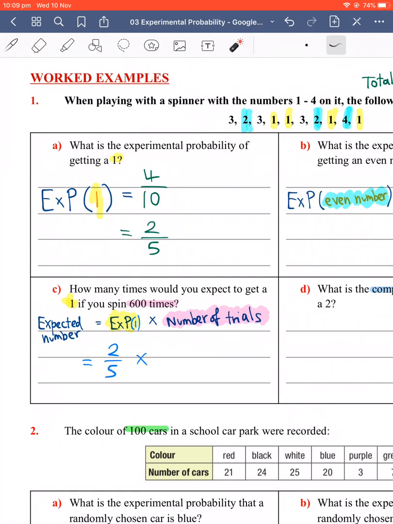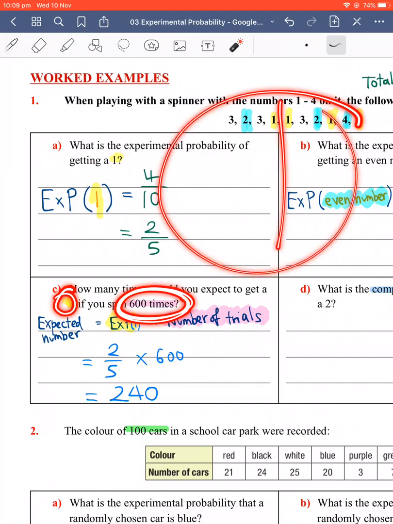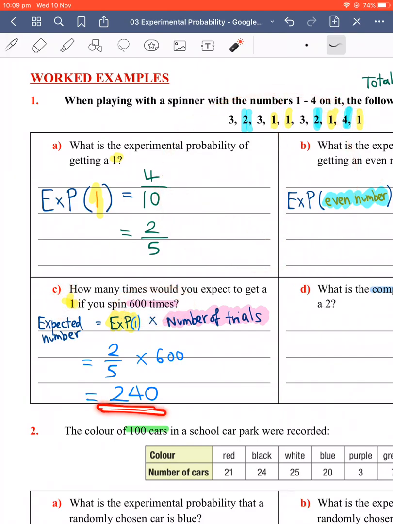And then we multiply it by the number of trials to see what we would actually expect. So again, you do the exact same thing, and once I have multiplied that out, I end up with 240. So that means I should see 1 turn up in my 600 spins of the spinner. I would expect that 1 would show up at least 240 times based on my current information.